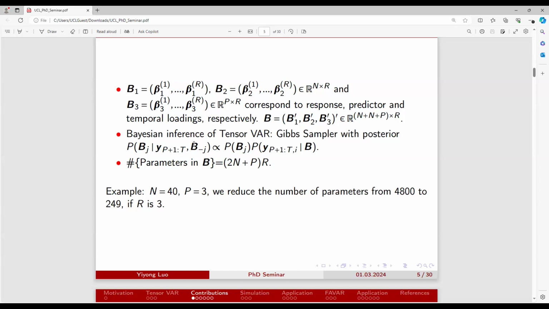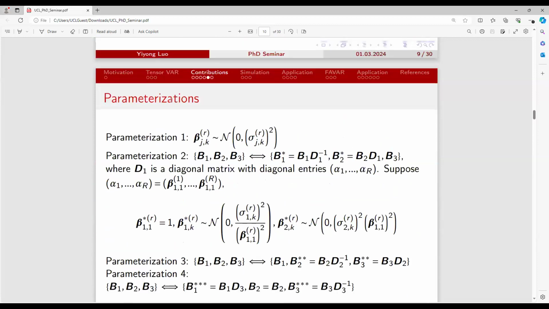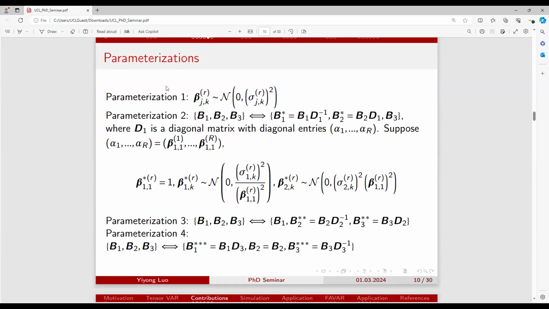That's why you have the autocorrelation. So we need to detach this connection by having two parameterizations. In our interweaving step, when we reconstruct these parameters, we're basically cutting this connection between B1, B2, and B3.